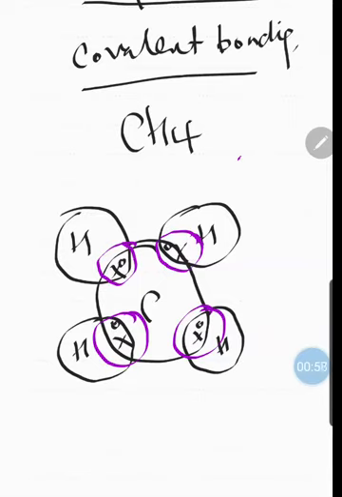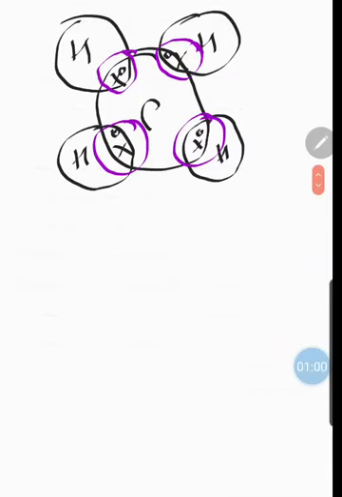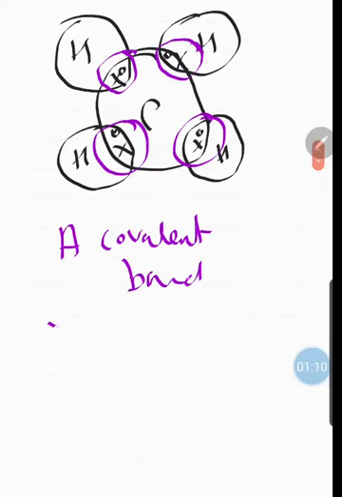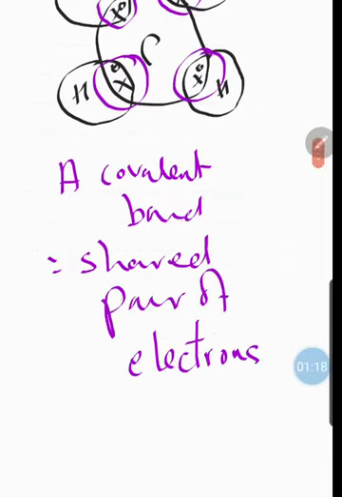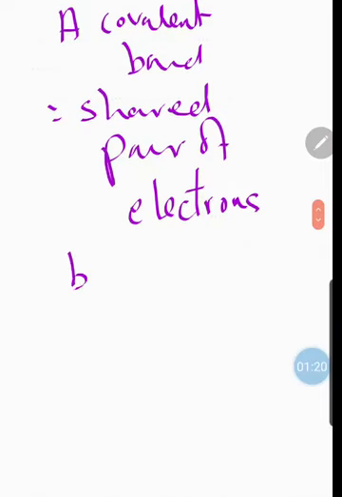Carbon is in group 4, and shares 4 electrons with 4 different hydrogens. So we would say a covalent bond simply equals a shared pair of electrons between 2 atoms.